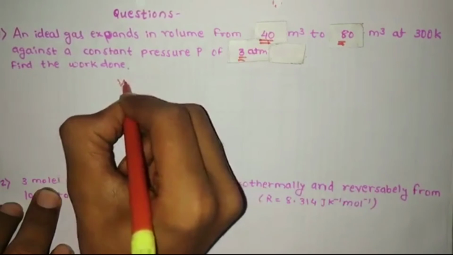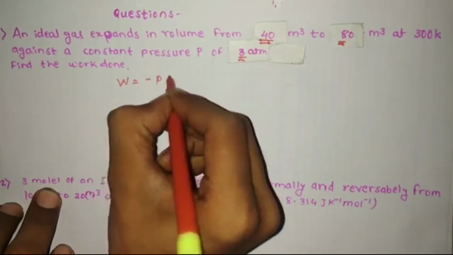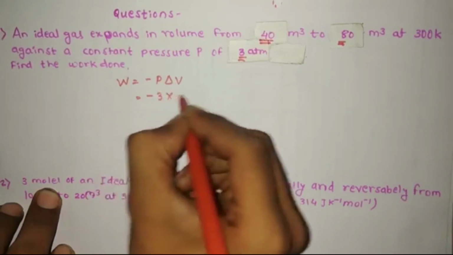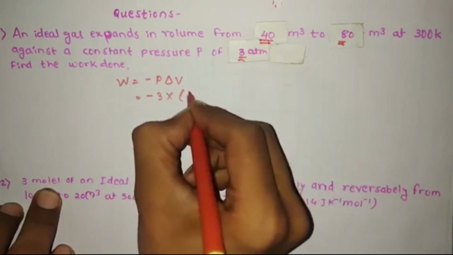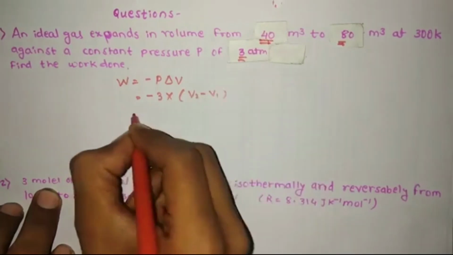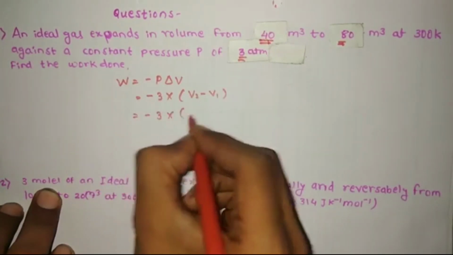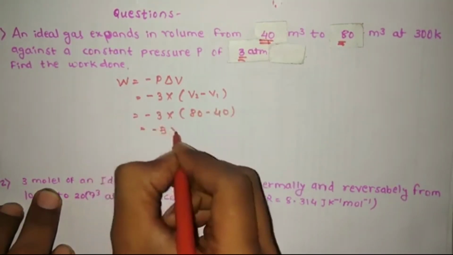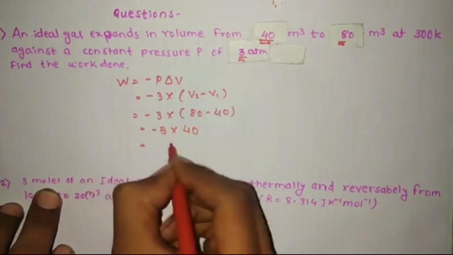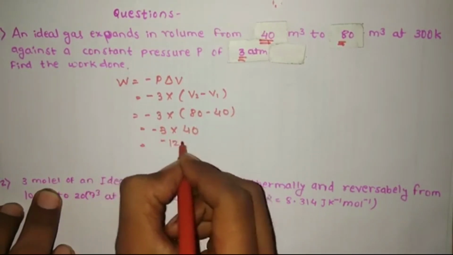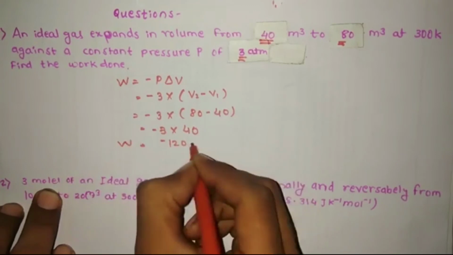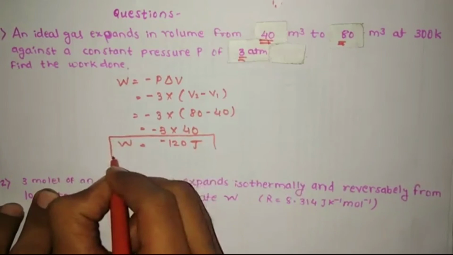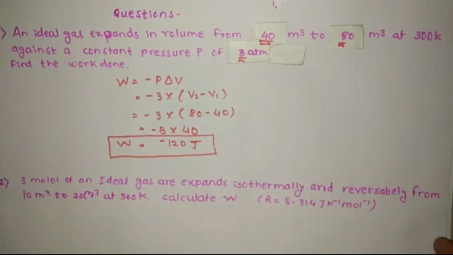We know that work done equals minus P del V. Putting the value, minus 3 into del V, which is V2 minus V1, minus 3 into 80 minus 40, minus 3 into 40, we get minus 120, and the unit of work done is joule. So the answer of this question is 120 joule.